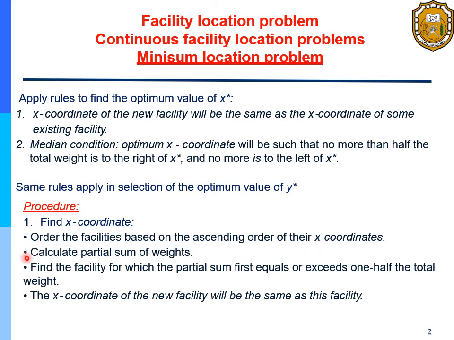Okay, then we write the respective weights, and then we calculate their partial sums of these weights. And whenever this partial sum first equals or exceeds half of the total weight, we say that the coordinate corresponding to this point is the x coordinate of the new facility. Okay, this is how we find the optimal x coordinate.